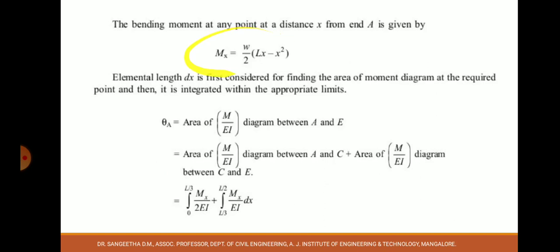How is this Lx minus x square by 2? For a UDL, the reaction is W into L by 2.